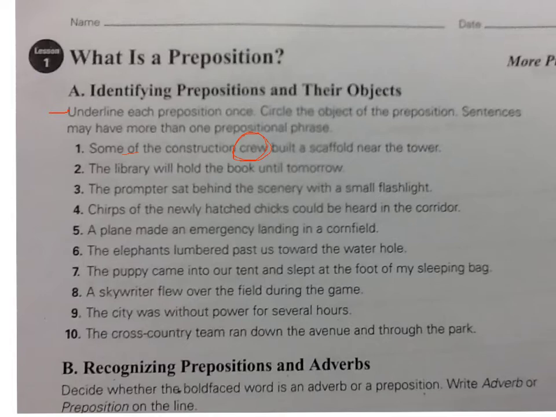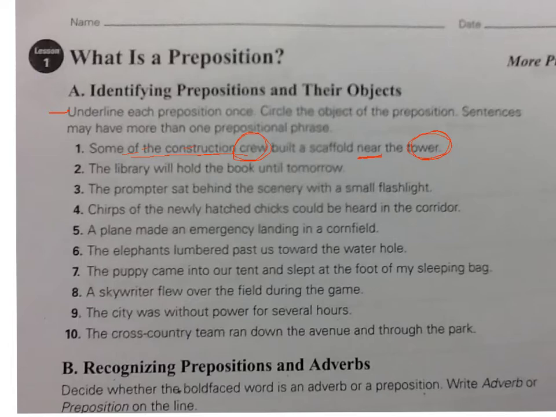Next we have a preposition, near. Ask yourself, near what? The answer is near the tower. Now, one thing I want to point out is that in this entire prepositional phrase, of the construction crew, you have two modifiers, the and construction. The and construction are not the objects of the preposition of, it's of the crew. So just the noun at the end of the prepositional phrase is the object of that preposition.